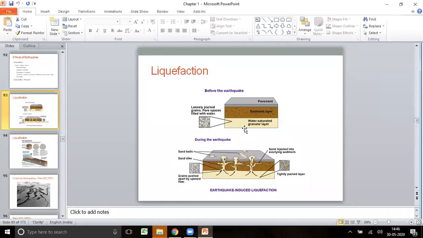When the effective stress is zero, the entire soil mass becomes like a liquid. At this stage the soil will be flowing. Because of further ground shaking, the soil shear strength is reduced and it will be moving like a fluid. At this time, sand boiling occurs, the soil comes upward to the surface itself.